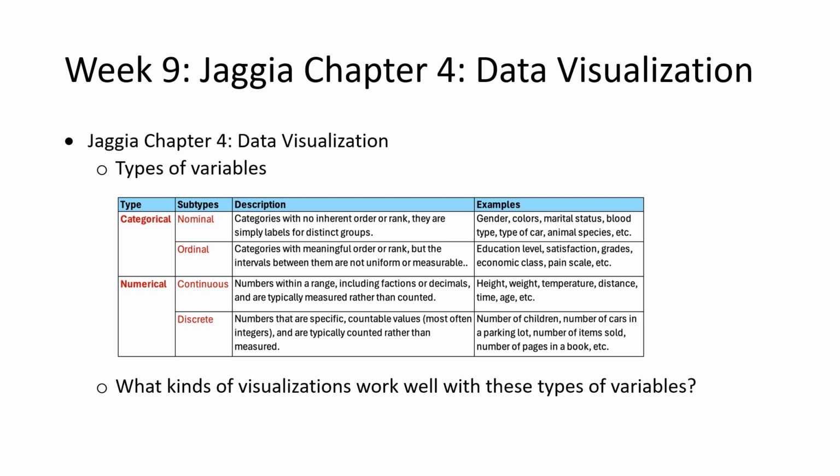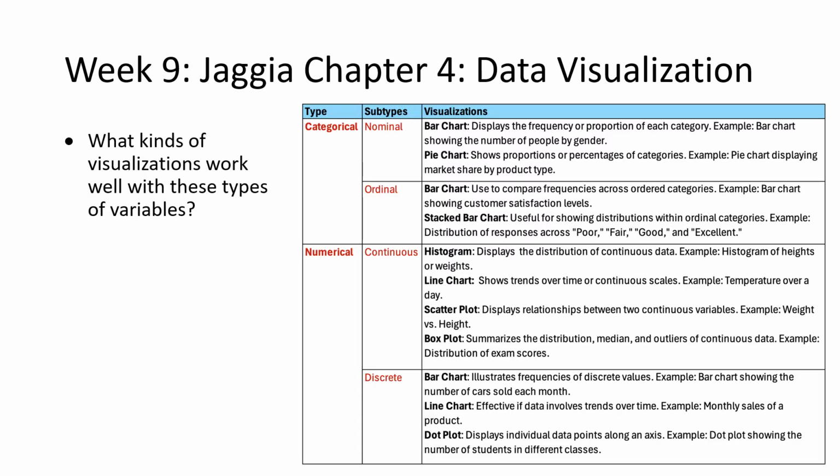So what would that be? Well, one of the things that we talked about early in this course was the fact that bar charts are really good with categorical data. A bar chart would have the category names across the bottom, blood type A, B, whatever, and then each bar represents the count, the frequency of each of those categories.